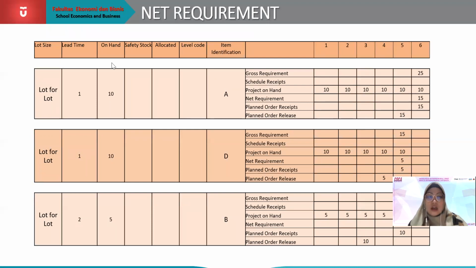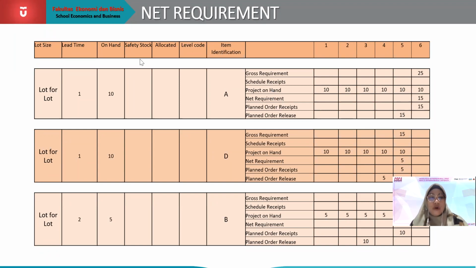There are several columns, like you see on your screen: lot size, lead time, on hand, safety stock, allocated, level code, item identification, and then six columns representing the weeks, because on the previous slide you know that we need 6 weeks to produce all these 25 office chairs. You also need the information about gross requirement, schedule receive, project on hand, net requirement, plan order receive, and plan order release.